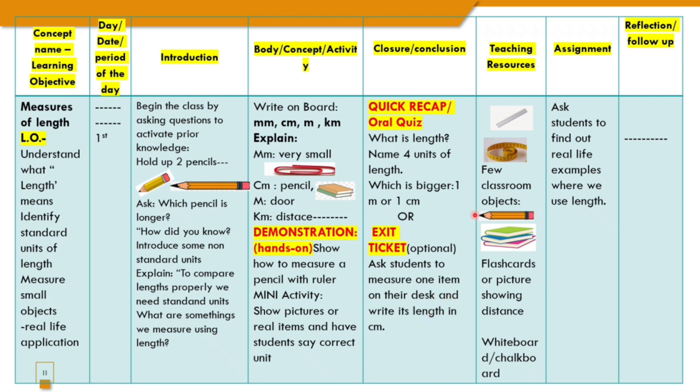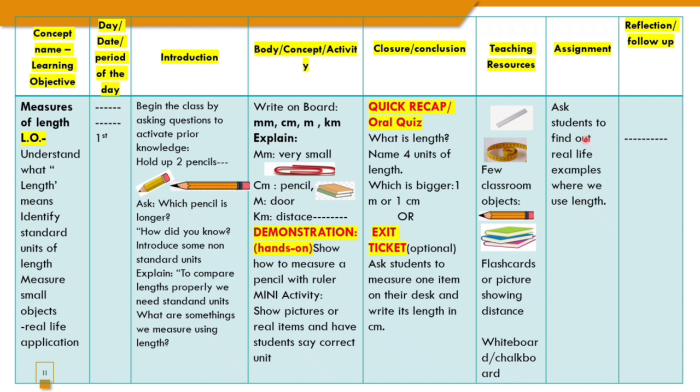Now in teaching resources, instead of writing the names, you can paste the pictures, which will look presentable. You know, like a ruler's picture is there, then the measuring tape, a few classroom objects like here the picture of a book is shown, then flashcards of pictures showing distance, and whiteboard or chalkboard. Assignment, what assignment you're going to give?